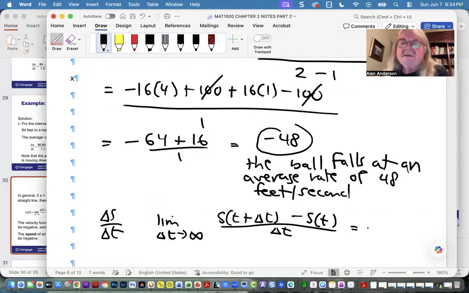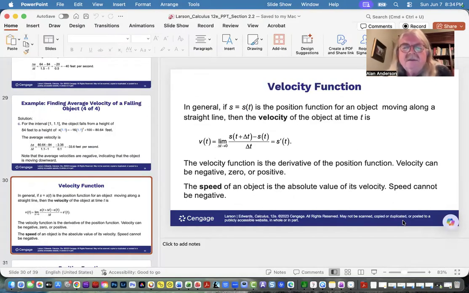Well, it just so happens that this is the derivative of s with respect to t.